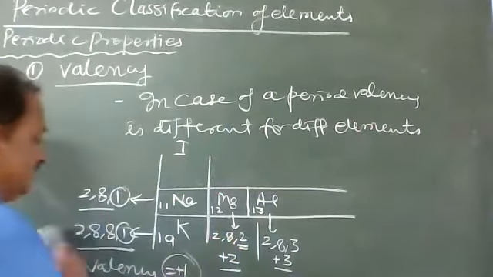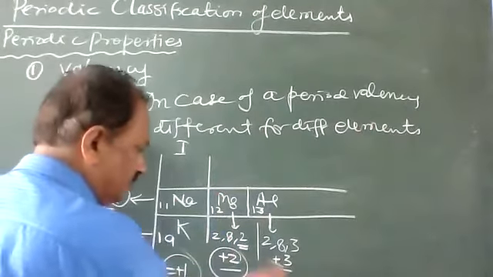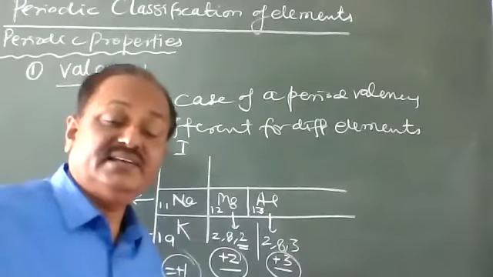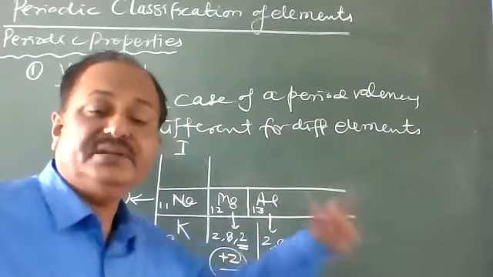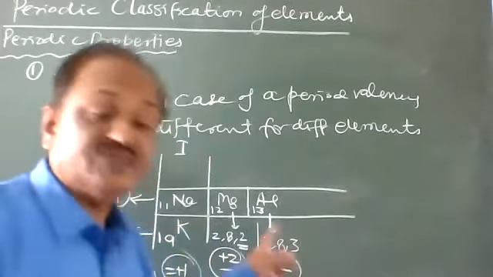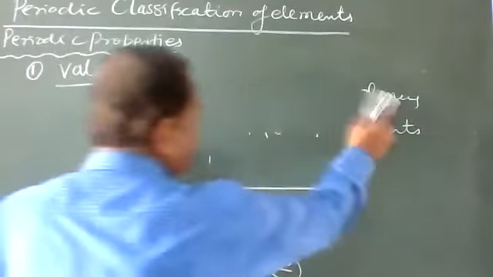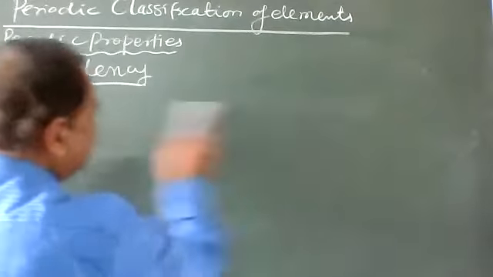Here valency is plus 1, 2 and 3. So it increases as group number increases, but later it is positive, but after some time it becomes negative in case of non-metals.